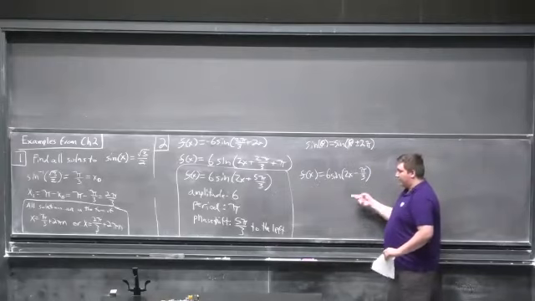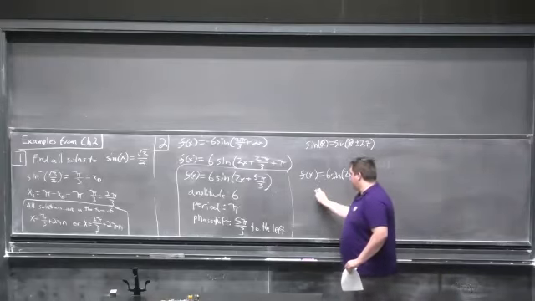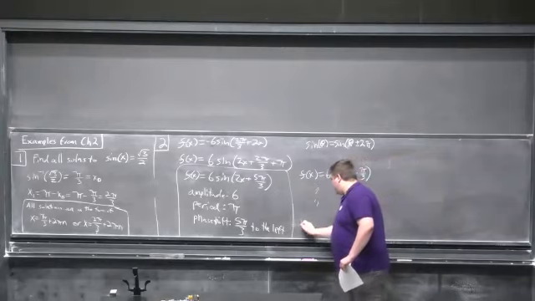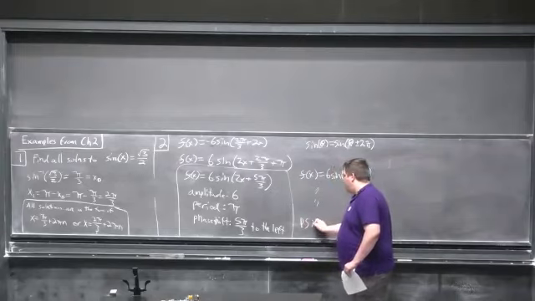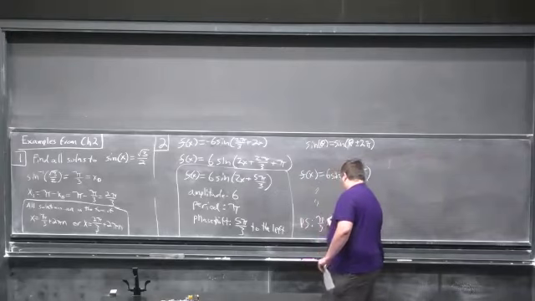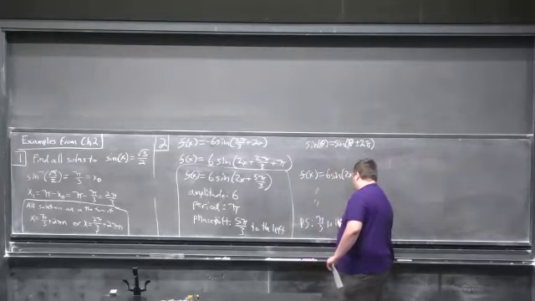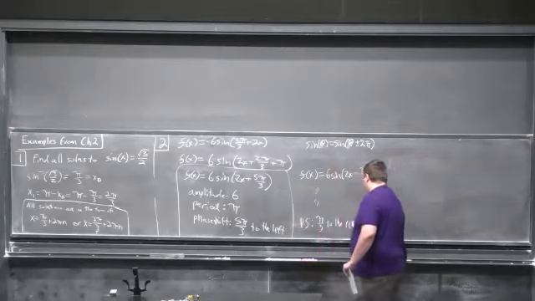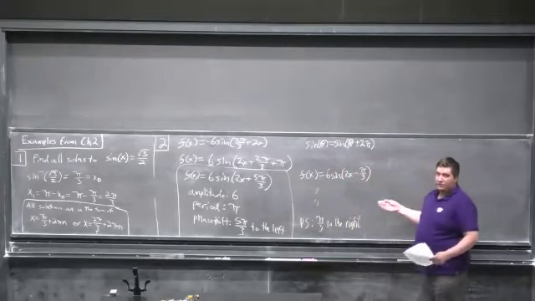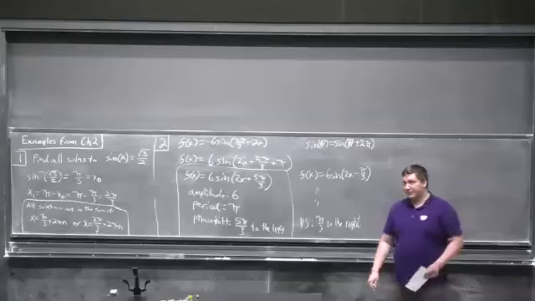And now this, we could write down the same thing. We get the same amplitude, same period, but our phase shift would be pi over 3 to the right. And that is not a wrong way of thinking about this.